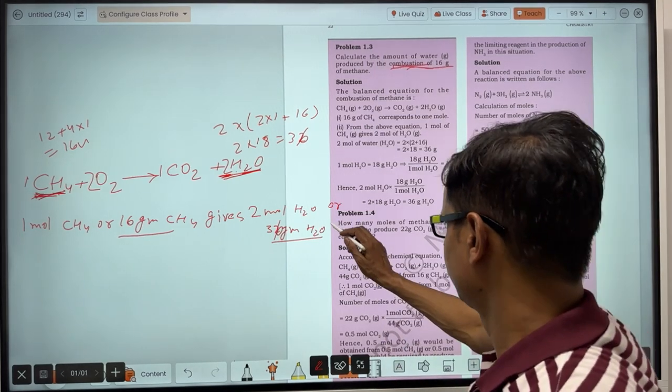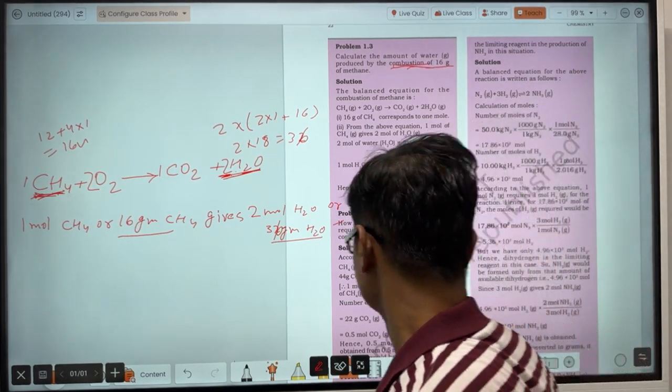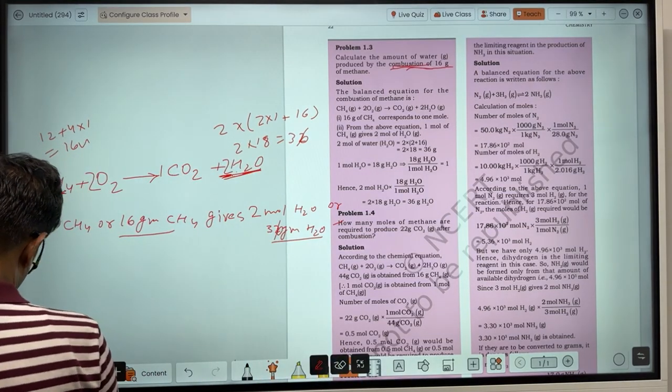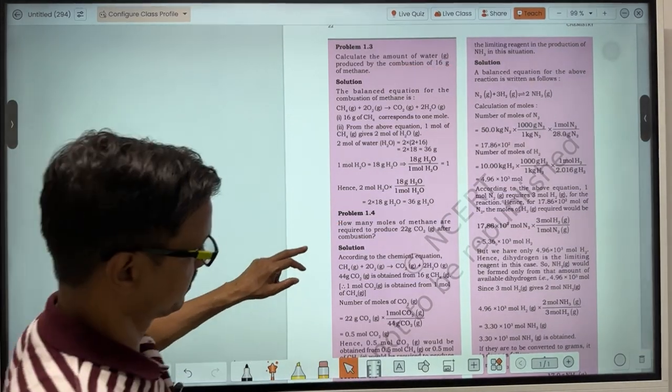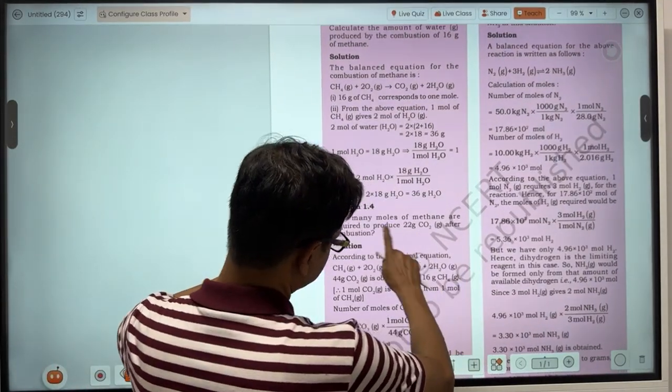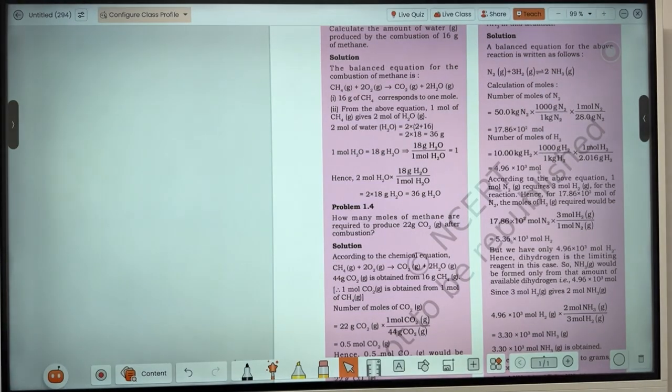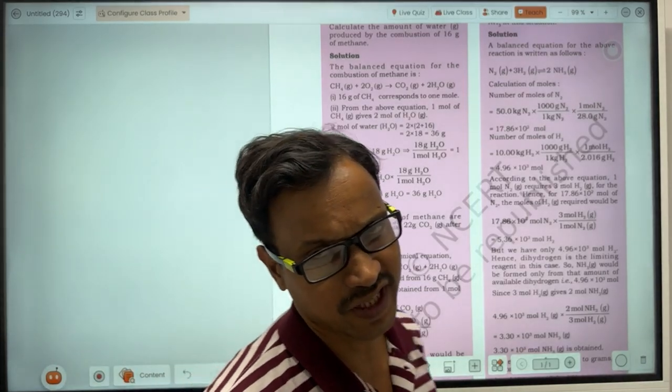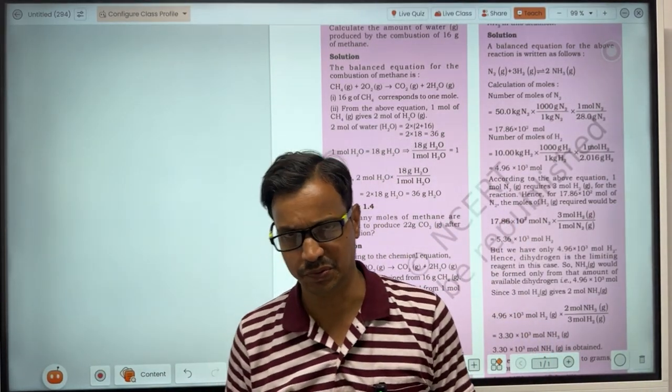Let's see about this question. Read the question here. How many moles of methane are required to produce 22 gram of CO2 after combustion? That means combustion of methane has to take place and you will have to produce CO2.